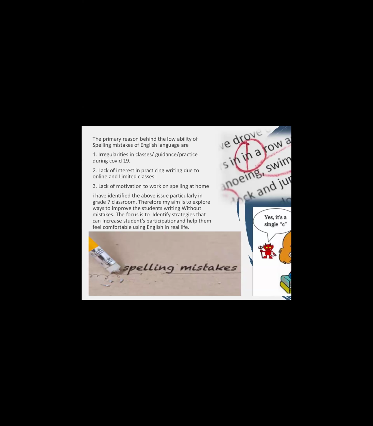Also, COVID-19 had a huge impact on their poor English writing, and a lack of interest in practicing writing due to online and limited classes. There is also a lack of motivation to work on spelling at home, because when we give homework to write passages or copy paragraphs, they always make excuses not to do it.